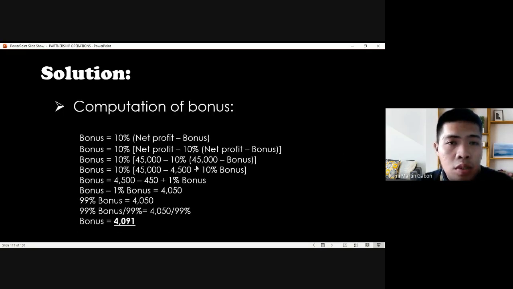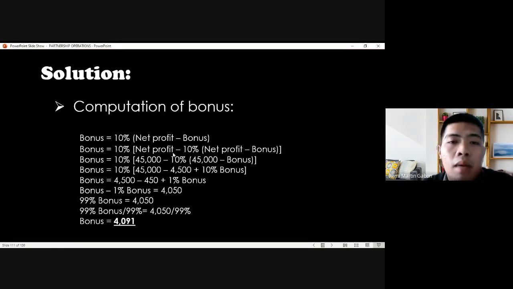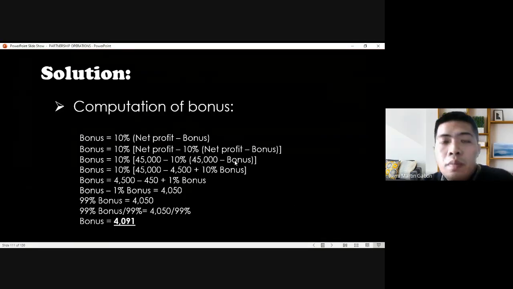Computation natin ng bonus is 10% profit. Yung net profit na to is before salaries and interest, but after bonus. So, ima-minus daw si bonus. Ganito, yung magiging analysis, parang gagawa tayo ng algebra. Okay? Mag-algebra tayo. Gagawa tayo ng mathematical expression, magsisimple algebra tayo dito.